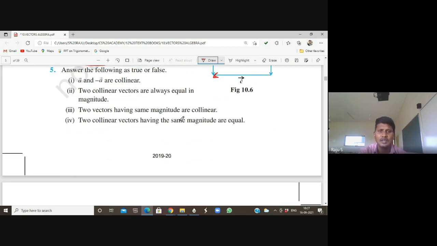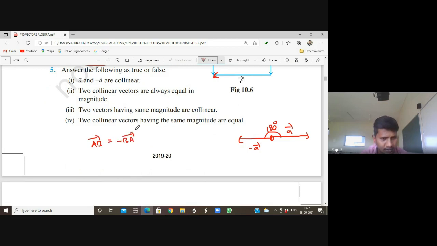Right. Coming to the next one, answer the following as true or false. Very simple question. For example, look here, students. If I take this vector A, and take the opposite direction, with 180 degrees, this will give minus vector A. Opposite direction is like, if you take any vector AB, it can be written as minus BA.